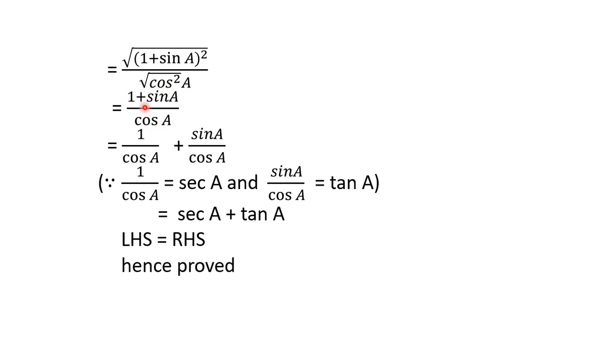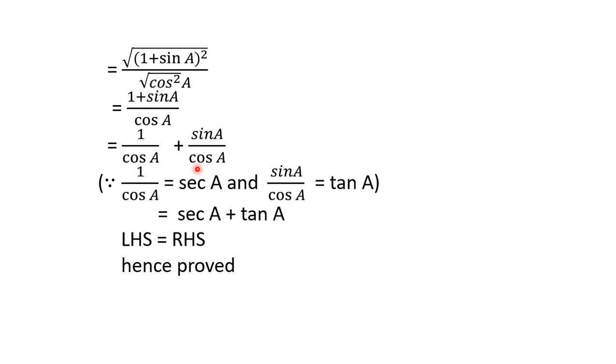In the numerator there are two terms, so we can separate them over the denominator cos a, and write 1 upon cos a plus sine a upon cos a. Now by the reciprocal relation, 1 upon cos a is equal to sec a, and sine a upon cos a is tan a.